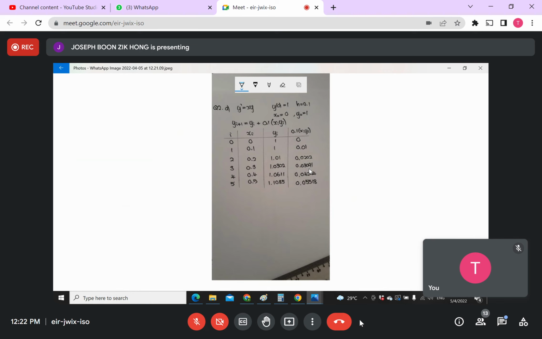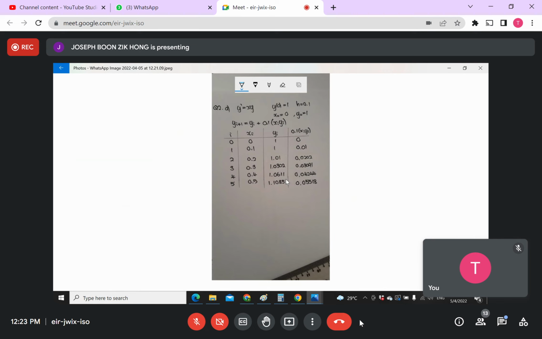So 1.0302 plus 0.03091, so 1.0611. And then 0.1 times 0.4 plus 1.0611, times 1.061, 0.04244, correct.